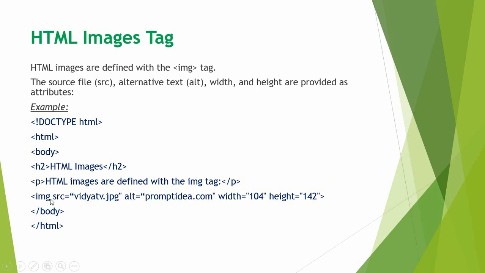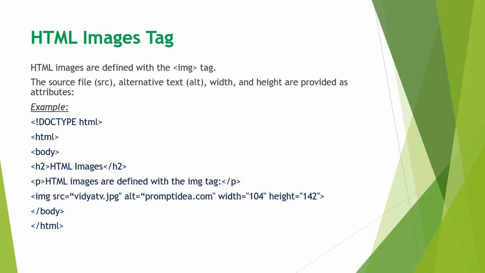Then here you can see img src is equal to vidyatv.jpg. That means this is an external JPEG file. We want to keep this JPEG file in the same folder where we save the HTML file. Otherwise we want to give the full path of this JPEG file.